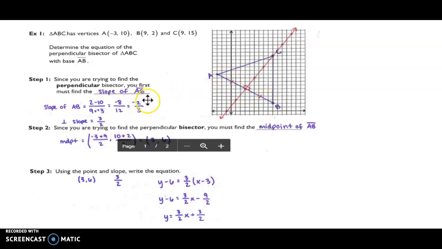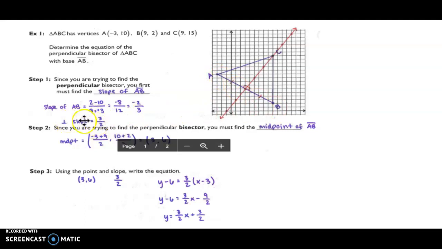Why does it make sense that it's a negative 2/3? Because from A to B, it's decreasing. It's a negative slope. If somehow you came up with a positive, that should be a red flag. That doesn't make sense.